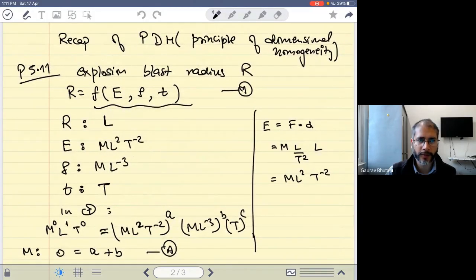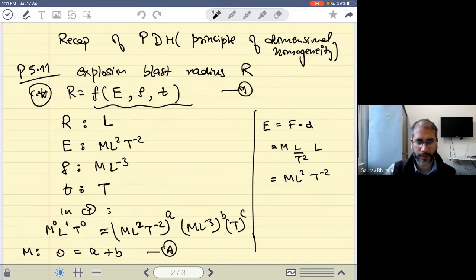So this was the idea of the principle of dimensional homogeneity, saying that the dimensions on both sides have to be the same. Of course, this first equation that was given to us comes from experience of the physical phenomena that we're talking about.